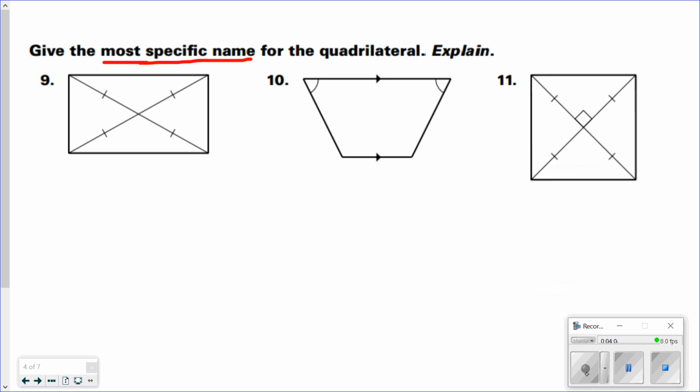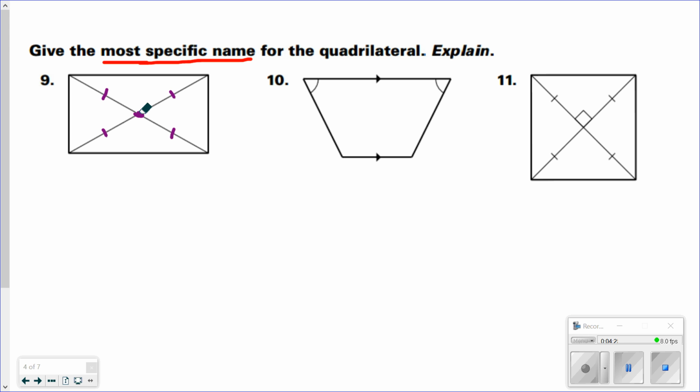Now we are going to give the most specific name for the quadrilateral, and then we're going to explain. So for number 9, if we look at this quadrilateral, we see these tick marks. So these tick marks mean that these diagonals bisect each other, but they're also the same length.